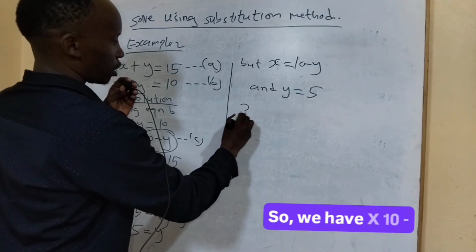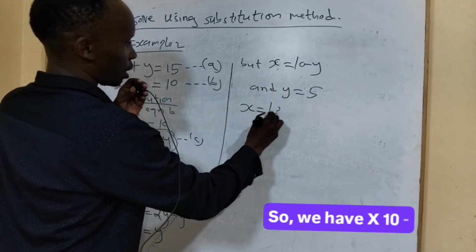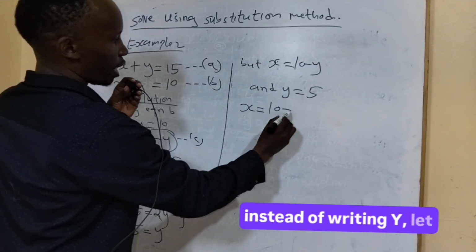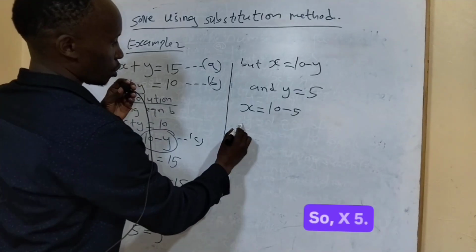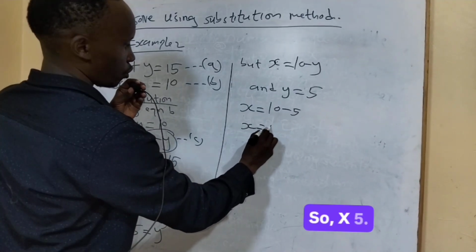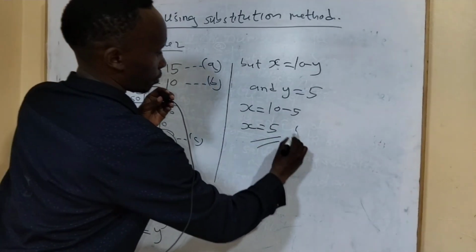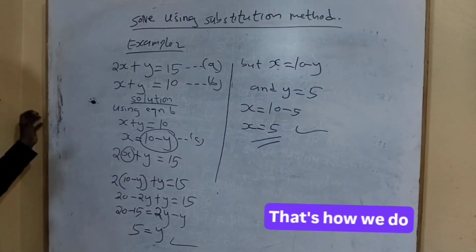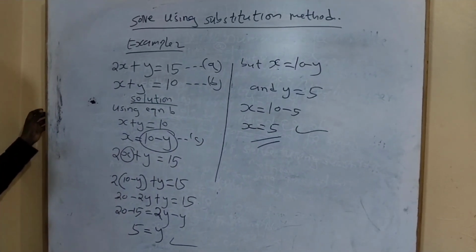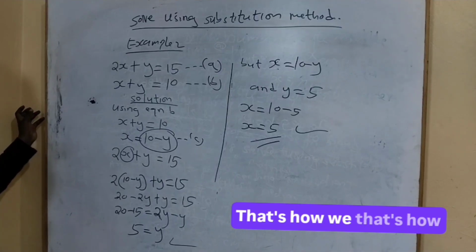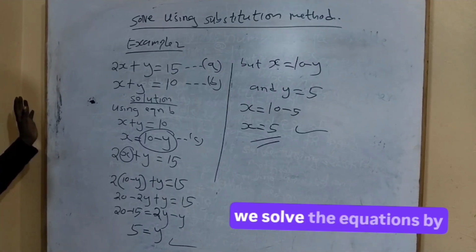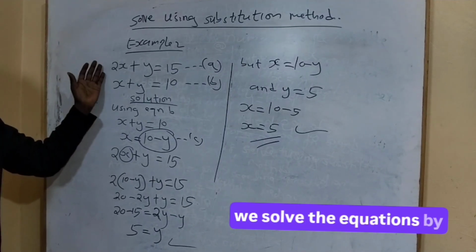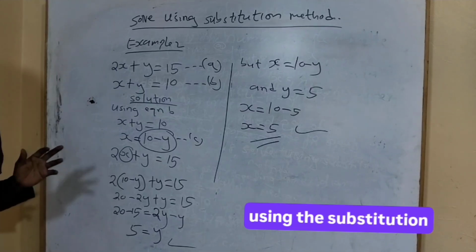So we have x is equals to 10 minus, instead of writing y, let us write 5. So x is equals to 5. That's how we do substitution. That's how we solve the equations by using the substitution method.